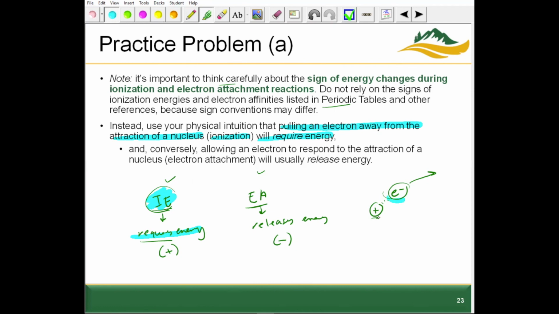That negatively charged electron doesn't really want to be plucked away from that positively charged nucleus. Then alternatively, allowing an electron to respond to the attraction of a nucleus, the electron is stabilized by the positively charged nucleus. That will lead to a release of energy for electron attachment or electron affinity.